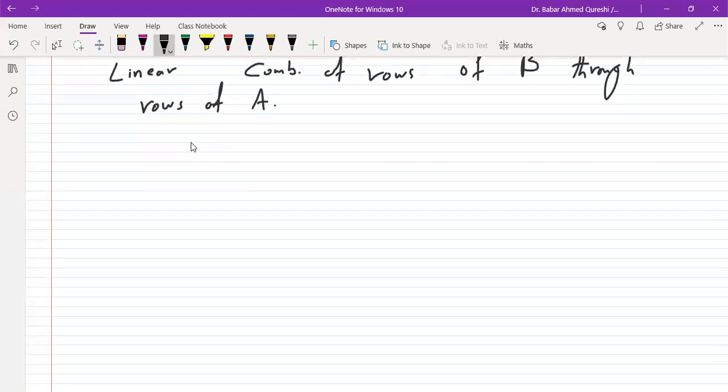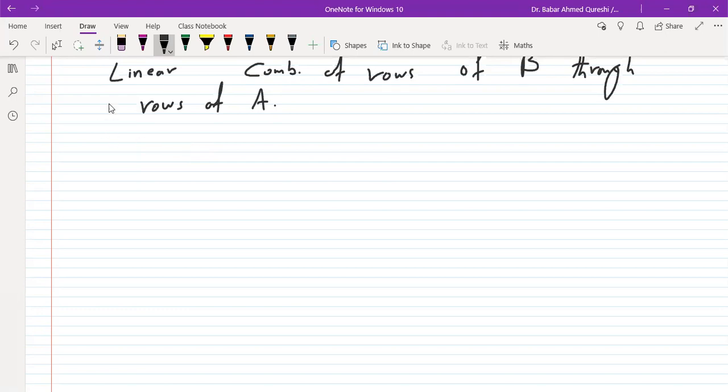So we have learned 3 methods of multiplying matrices. Dot product of rows of first and columns of second, and then linear combinations of the columns of first to the columns of the second, and the last one is the linear combinations of the rows of second through the rows of first.